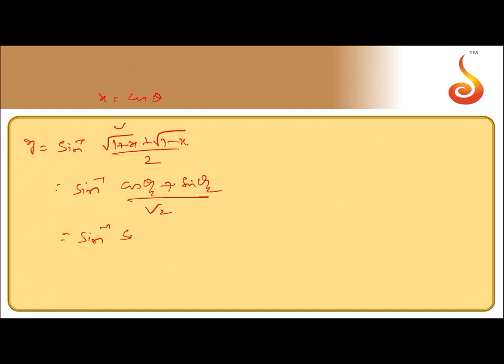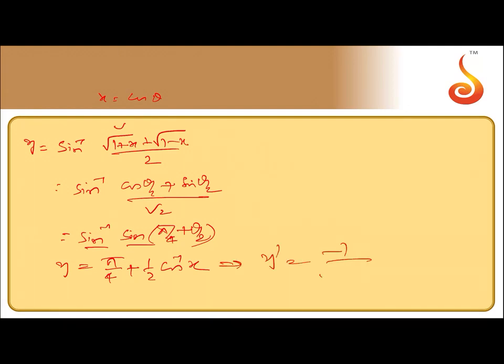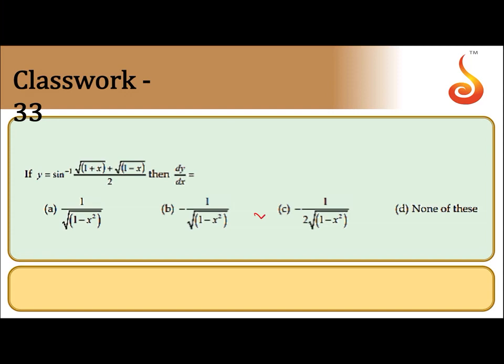That is the same as the sine inverse of sine of pi by 4 plus theta by 2. And therefore these two get cancelled, giving pi by 4 plus half cos inverse of x. This is y, and that implies y dash will be minus 1 by 2 root of 1 minus x square.